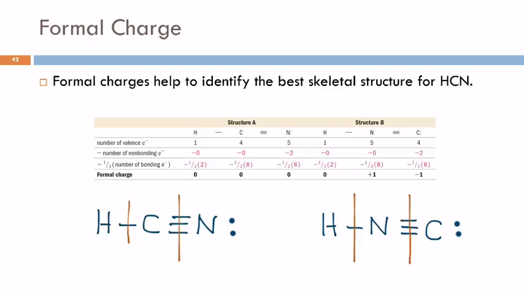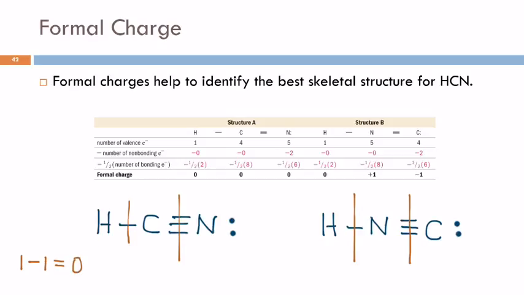How many valence electrons does hydrogen have when it's all by itself? One. So my way of doing it is 1 minus 1 equals 0.